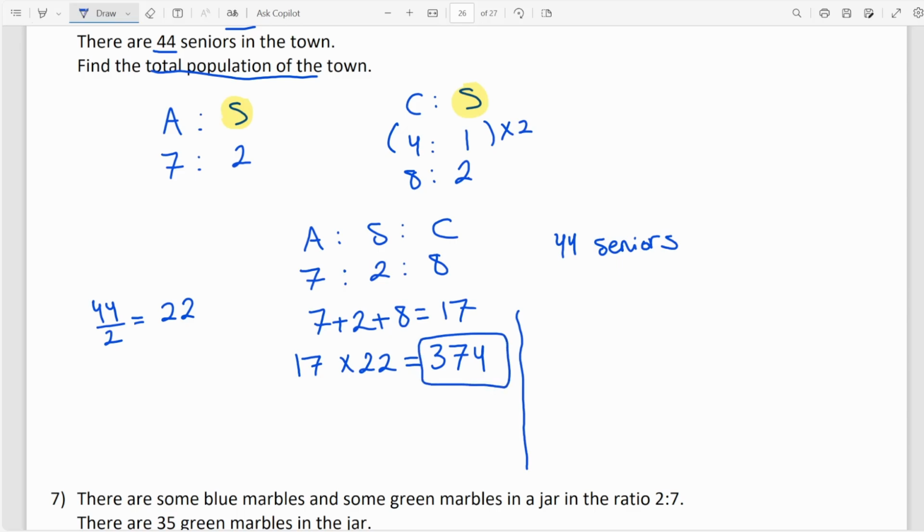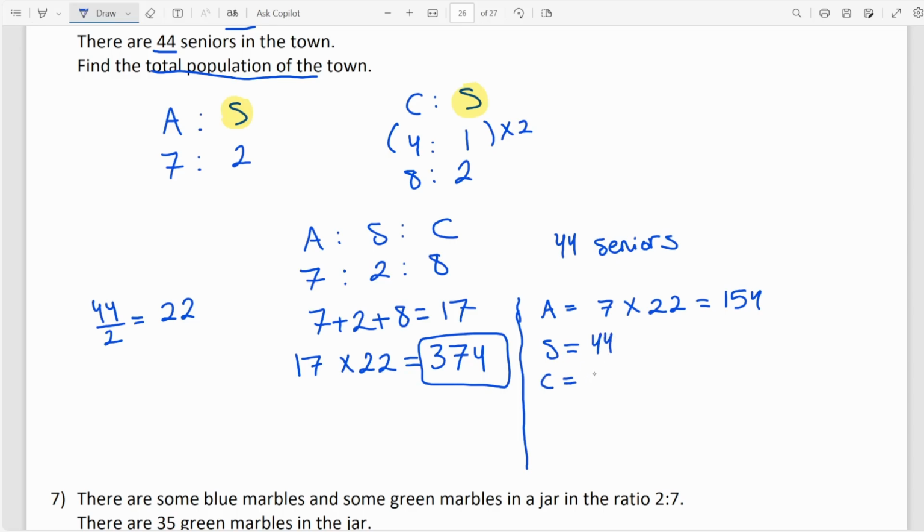Now, if you find it easier to do this, you can go ahead. Some students find it easier to find separately how many adults we have, which will be 7 multiplied by 22, and it gives us 154. How many seniors we have? You don't have to multiply 2 by 22. We already know 44 seniors.